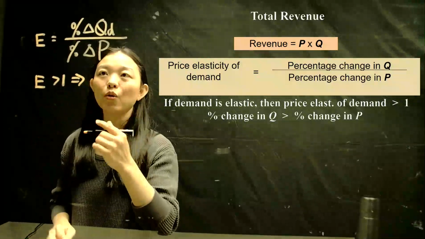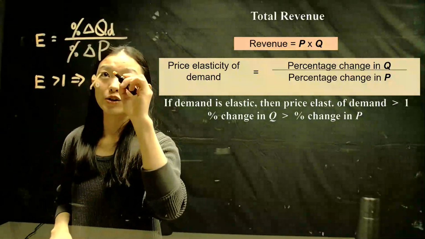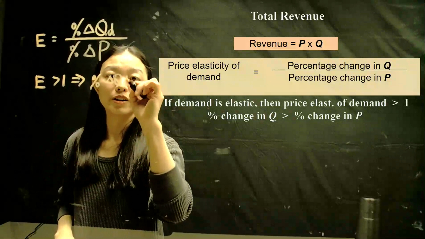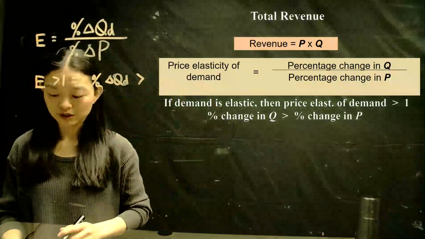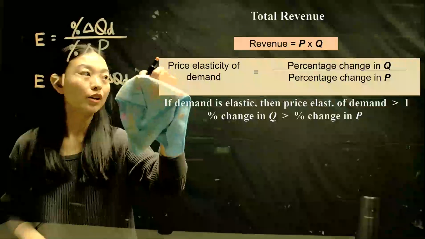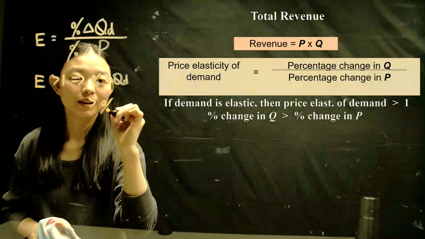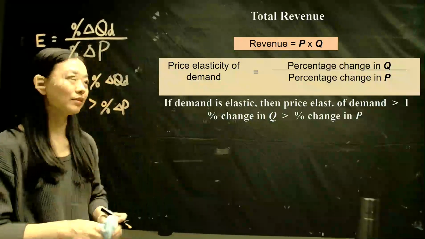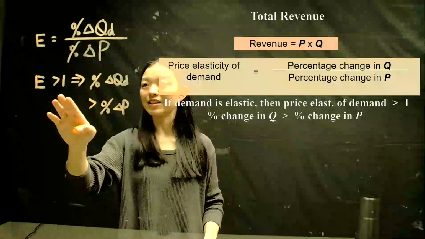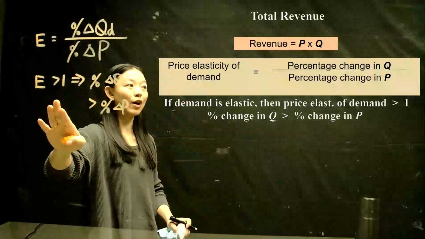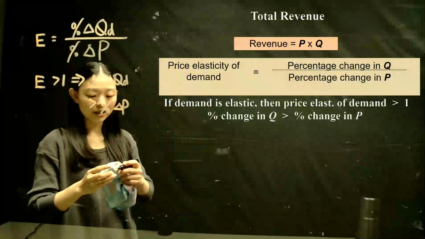We can see from this formula that the numerator should be larger than the denominator, right? Because the price elasticity is already larger than 1, that will make our numerator larger than the denominator, okay?